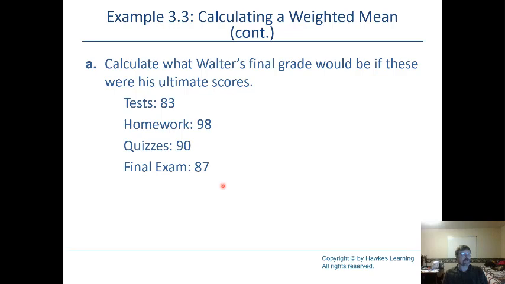All right, so here are Walter's grades so far. So we need to calculate his final grade. Why don't you take a minute, write these down.